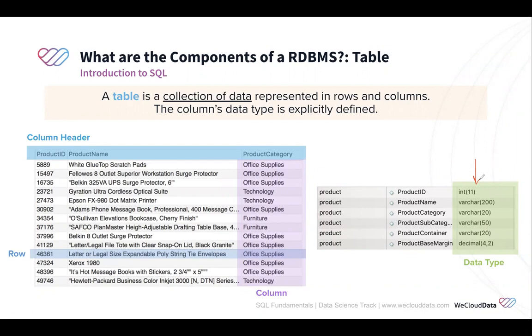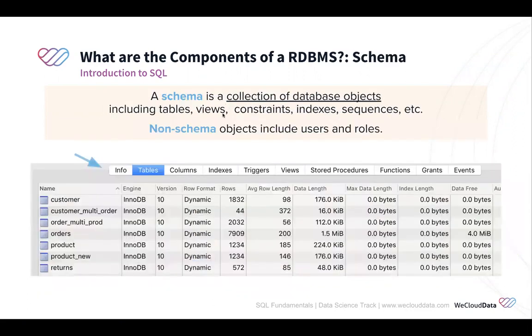But in SQL, the schema information, like the column name and data type, is stored with the table as well. So we can always access the schema information and know what columns are included in this table and what the data type of each column is. Okay. That is the table with the schema information.